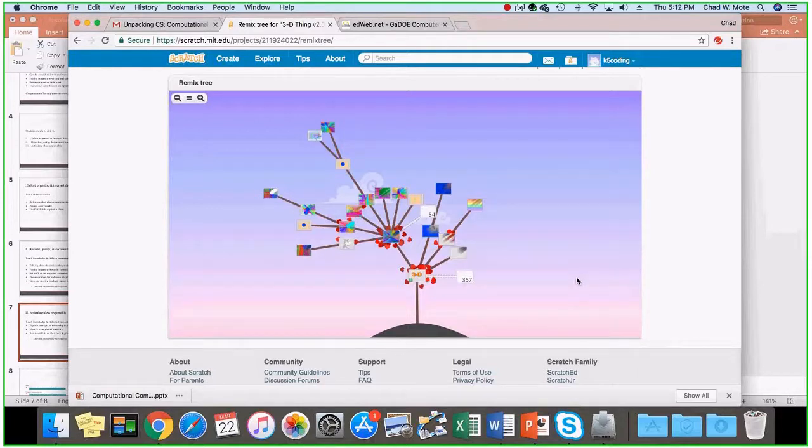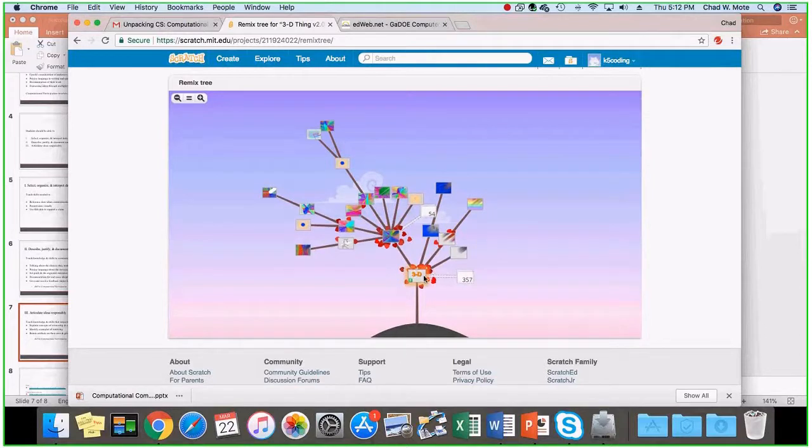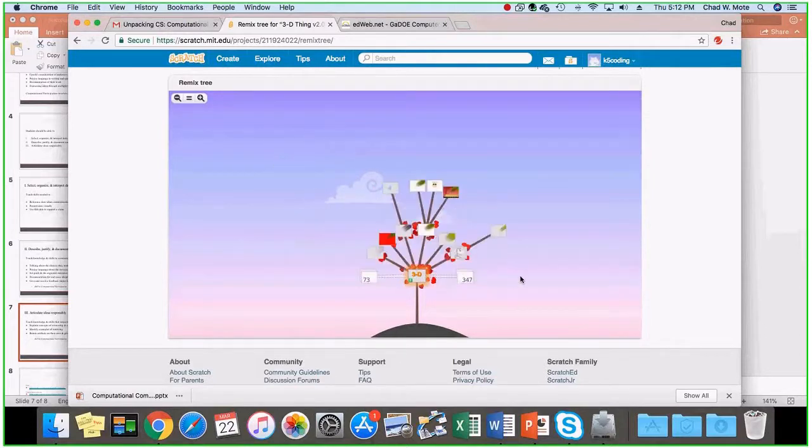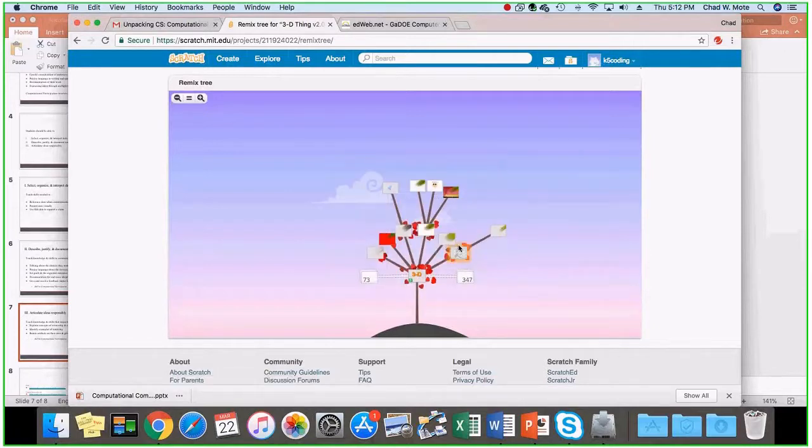But here, this shows when the project was implemented. It's implemented, and then the branches of this over time. So you can see that there are links to different remixes at every point.